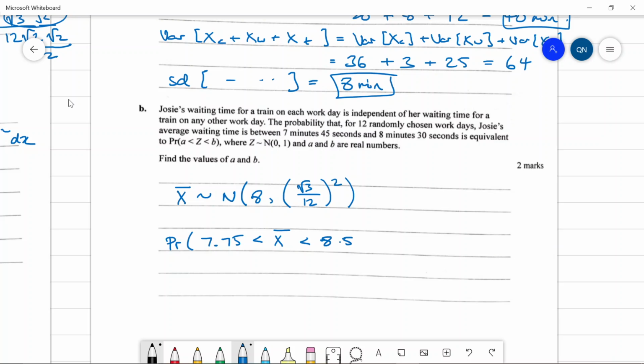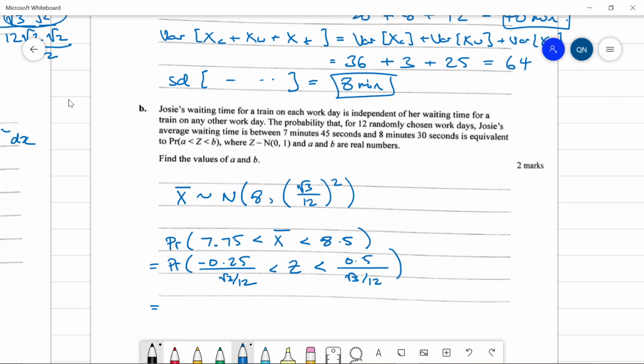So this is 8.5. So we just need to standardize here. So this is equal to the probability we have negative 0.25 divided by the standard deviation, which is root 3 on 12, less than z is less than 0.5 divided by standard deviation, which is root 3 over 12.